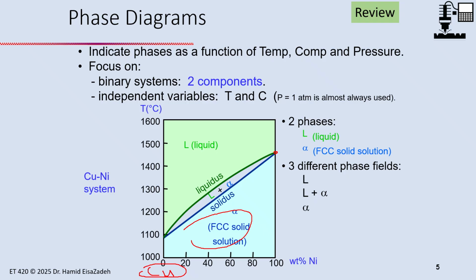And if you go toward the copper, then the melting temperature is going to be lowered. And then we have a liquid region, and there is a certain composition and temperature that we have both liquid and solid alloy together coexist in that system.